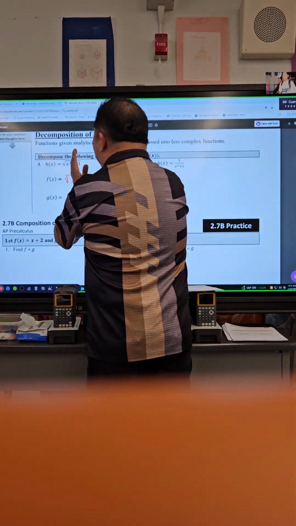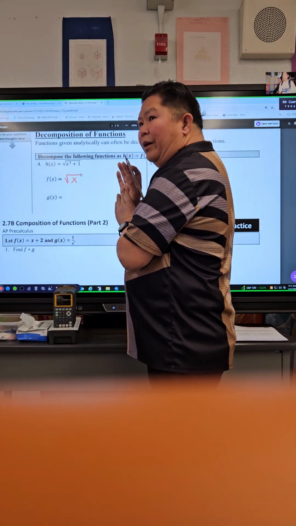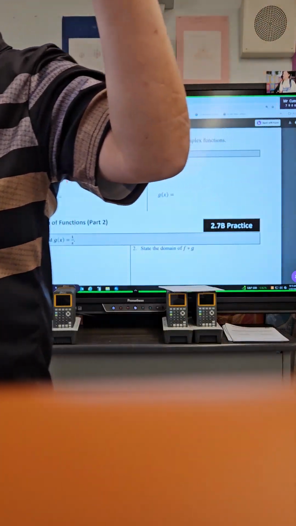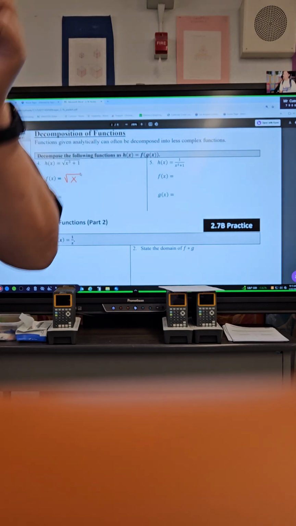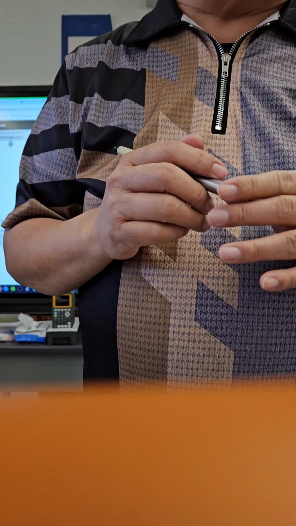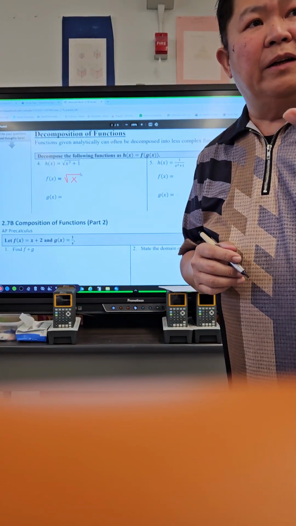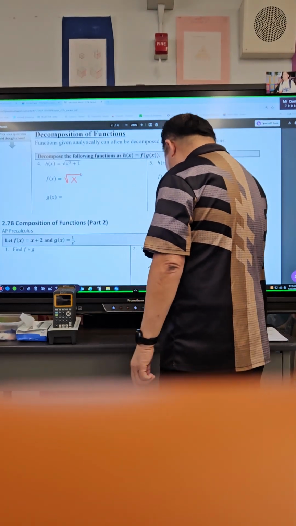And then what you notice right here, a while ago, what did we do for an x? Replace that x with parentheses, and after that, put the inside function. And what do you think is the inside function? It is the g of x, right? So what is g of x right here?